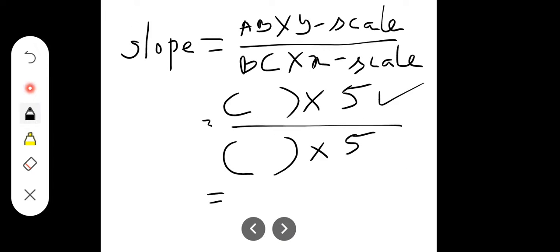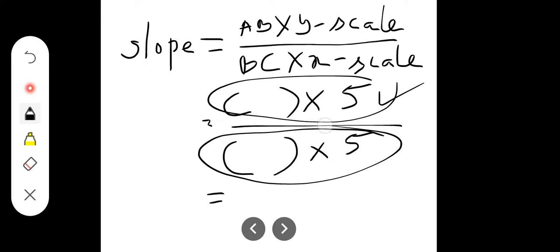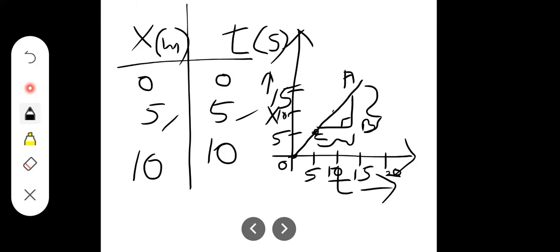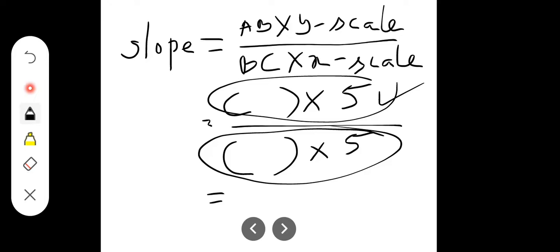So when you are multiplying this, you will get some value which is position or distance, displacement. Okay, you will get some displacement value in meters. And when you calculate the denominator, along the x-axis, what you represented? You represented along the x-axis the time. So when you multiply some value with that 5 seconds, you will get some seconds, that is time.